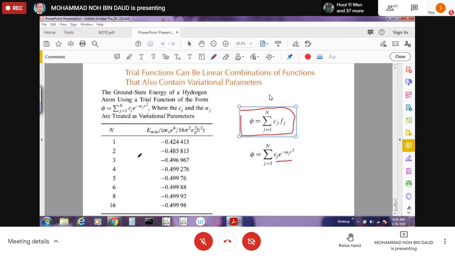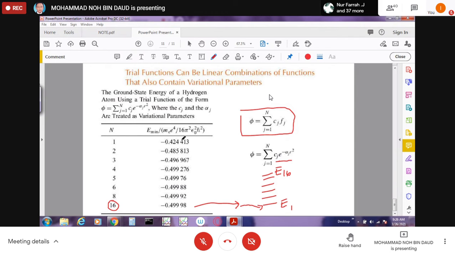In our equation, you can see here the ground state. We want to find only the ground state for n equals 16. Of course, the basis functions will give this n number of energy states, from E1 to E16. This is the energy for this one.